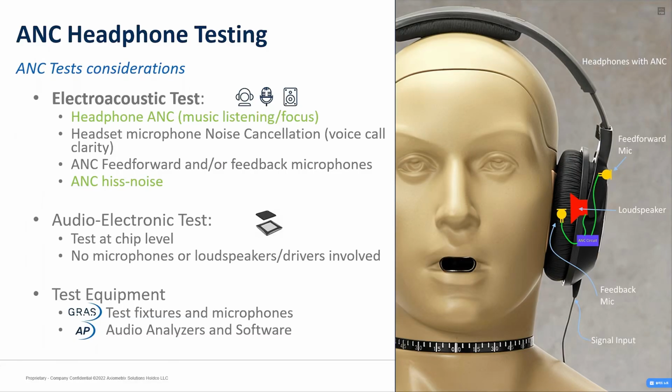So we want to measure the signal and characterize it in order to improve the performance of the circuit and try to reduce the noise as much as possible. We will see during this webinar that both GRAS and Audio Precision are providing complete solutions for measuring ANC headphones and headsets.